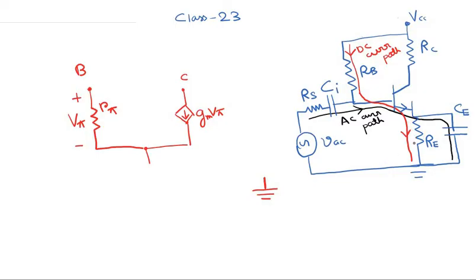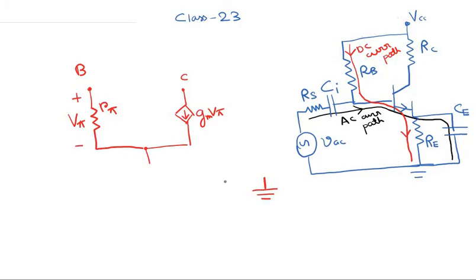So basically RE therefore would not come in the small signal or AC model because the AC current does not flow through this path. So in the small signal or AC model, the resistor RE would not come. Okay, and this path through CE is basically a short circuit to the AC frequency. Therefore, the emitter can be assumed to be directly connected to the ground.